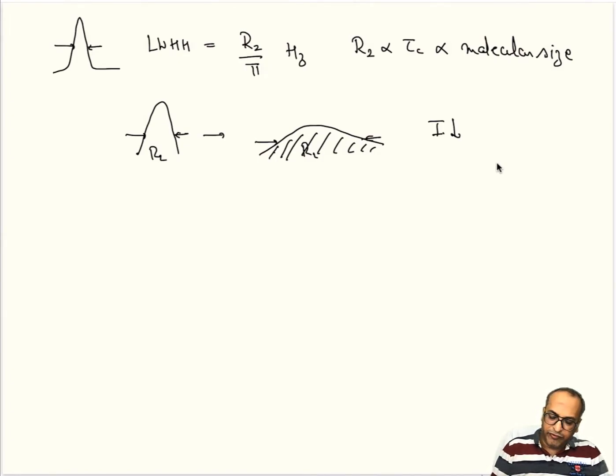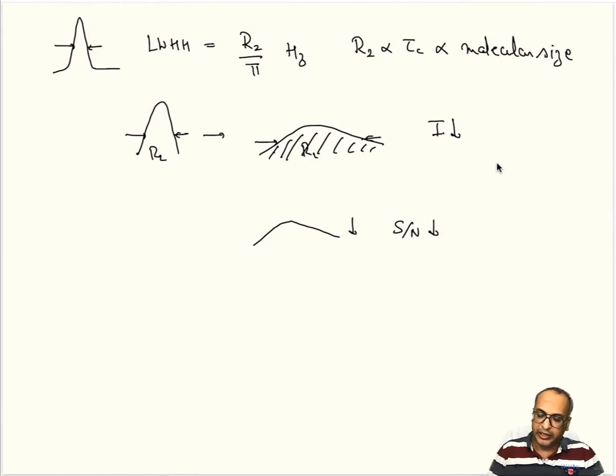And if the molecular size becomes very large, then because the intensities are decreasing, the signal to noise ratio also decreases. And if the signal to noise ratio decreases, you are losing sensitivity, and then your signal starts to disappear. So signals get merged in noise, right?